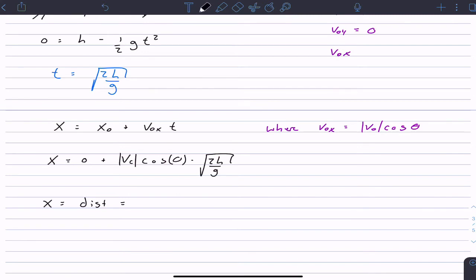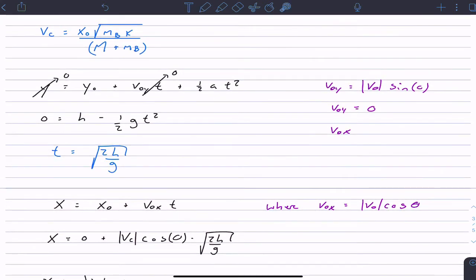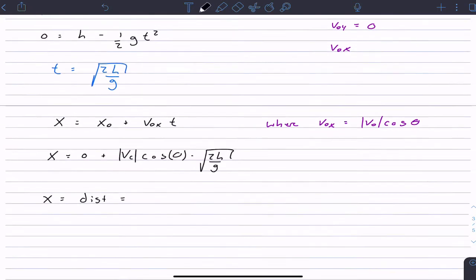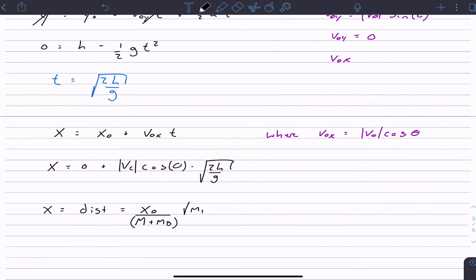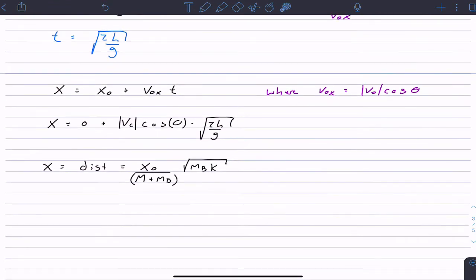is equal to, now let's go find vc. Here it is. It's x naught over the total mass, the mass of the block plus the mass of the ball, times the square root of the mass of the ball times k. And then this is just 1, and then we have the square root of 2h over g.